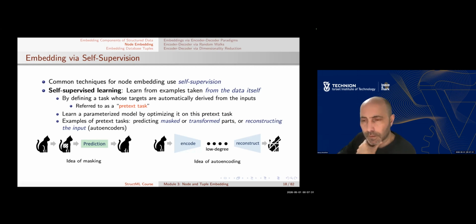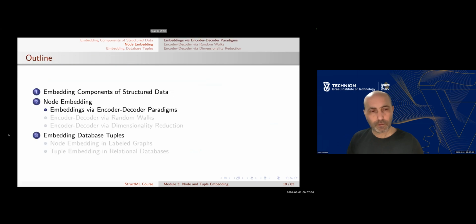But if you're able to reconstruct, then it means that you have a good embedding, a good low degree representation. You want to be good at reconstruction, so you should get an embedding that is a good representation of your input data. And this is what we're going to use.